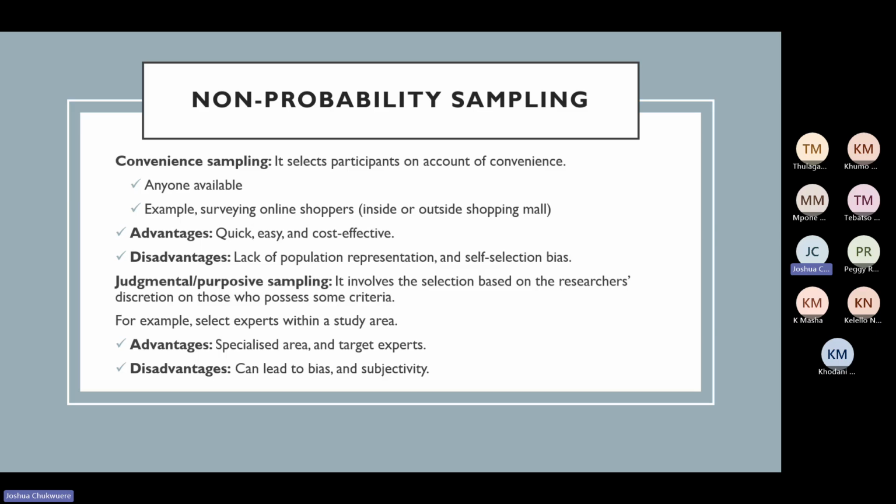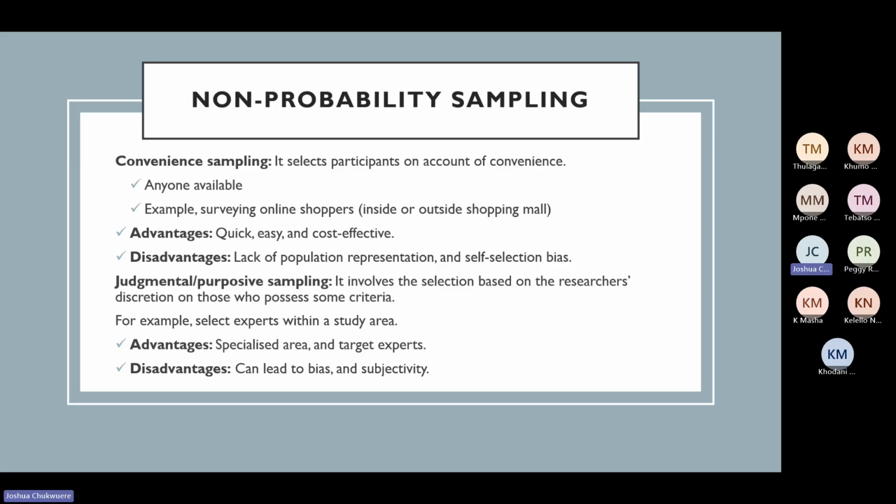Also, the disadvantage here is the lack of population representation and self-selection bias. Your presence, you making that choice, can become a bias, because you're making it based on convenience to you.